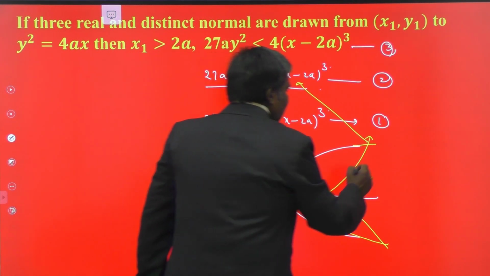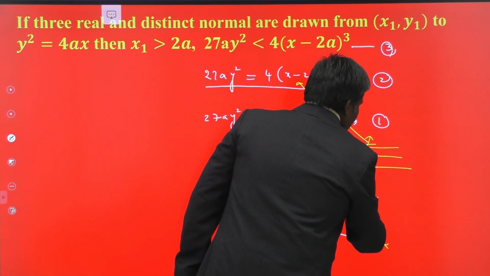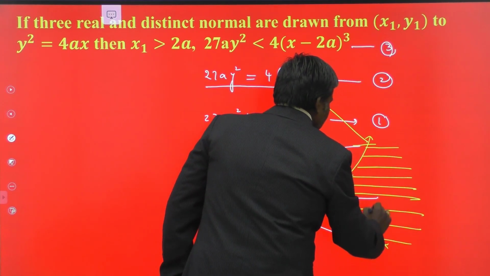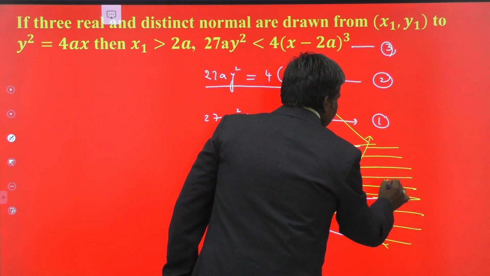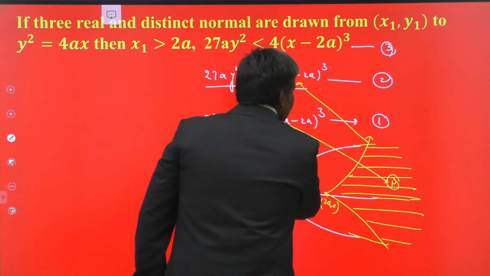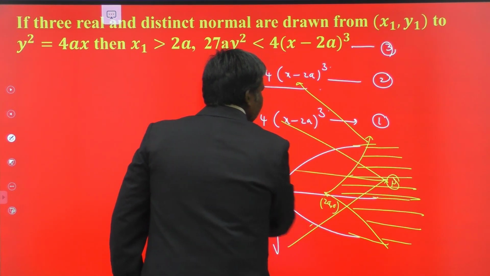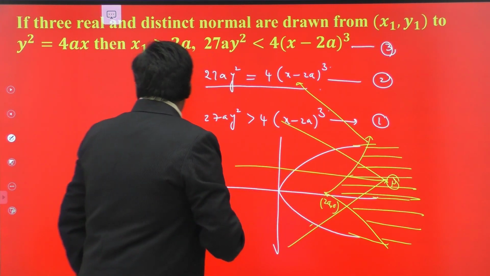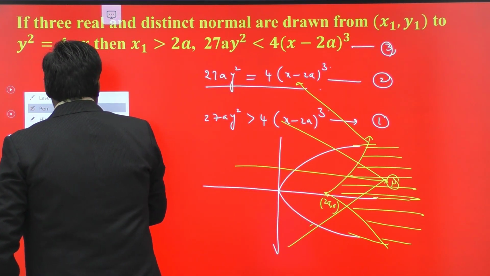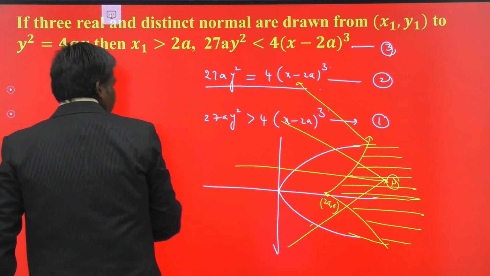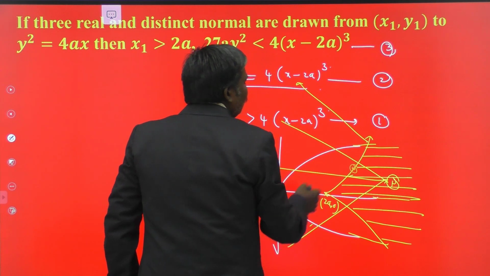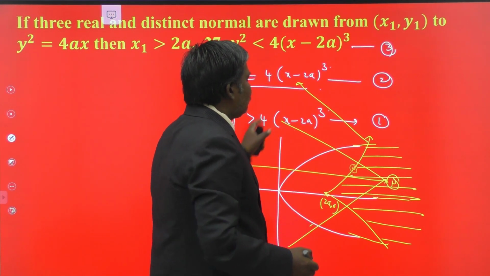If you take a point in this region, we have 3 real and distinct normals. Suppose your point is here, you can draw 3 real and distinct normals to this parabola. Suppose your point is here, you can draw only 2 normals through this point to the parabola.